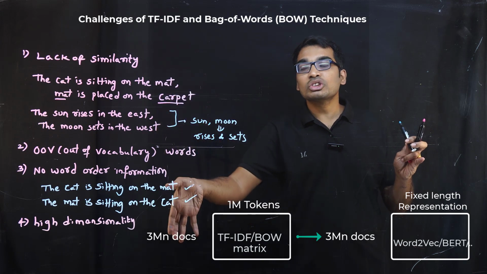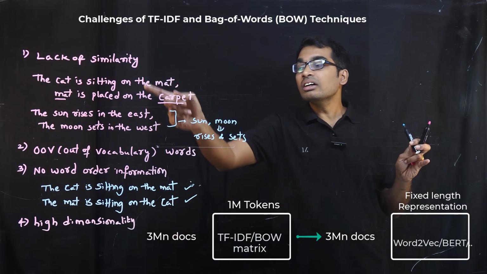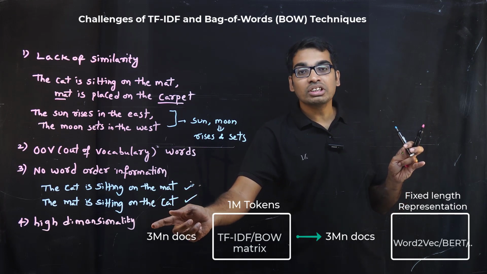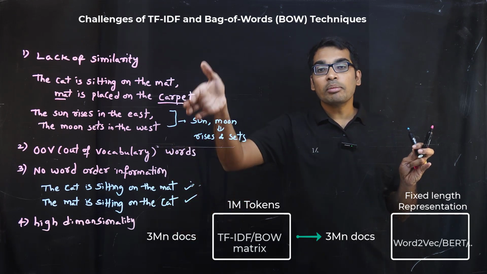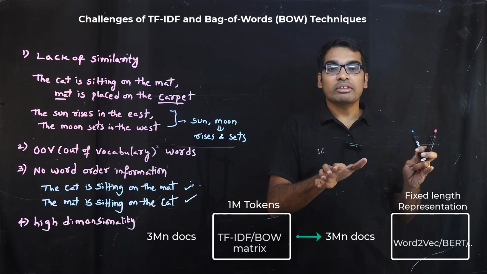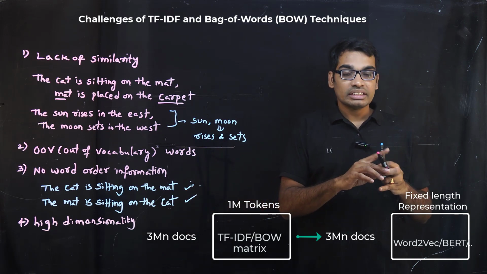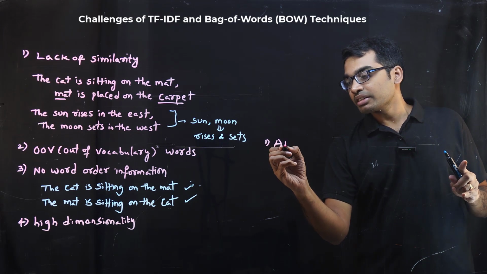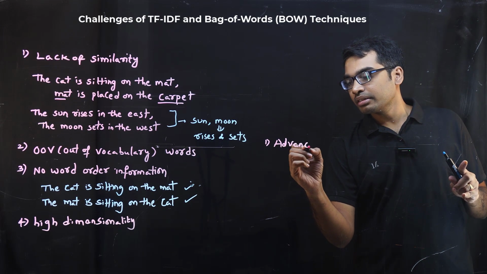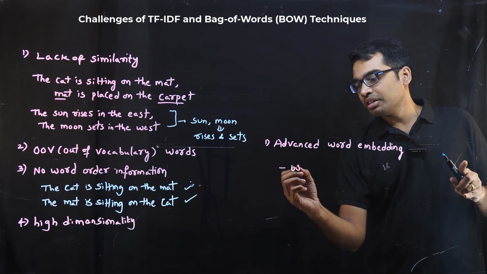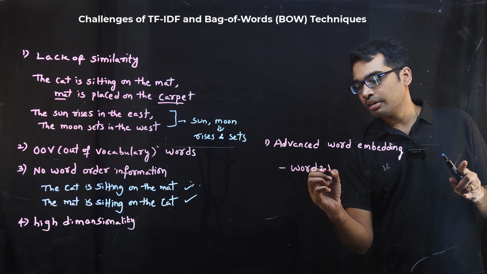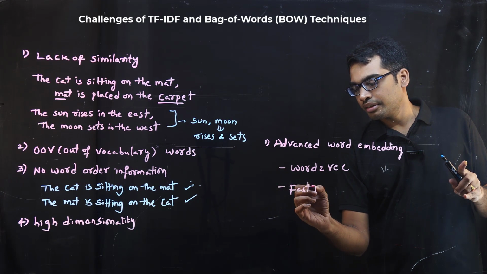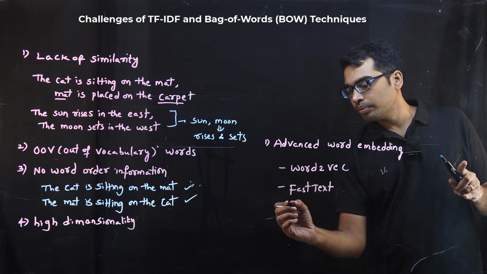So these are the few challenges: lack of similarity, out of vocabulary words, no word order information, and high dimensionality. We will overcome all these challenges by using advanced word embedding techniques. First is Word2Vec, and then we have FastText, GloVe.